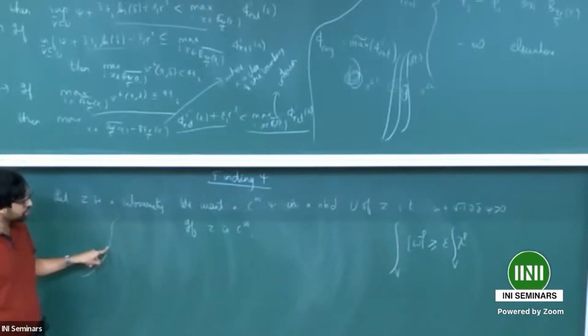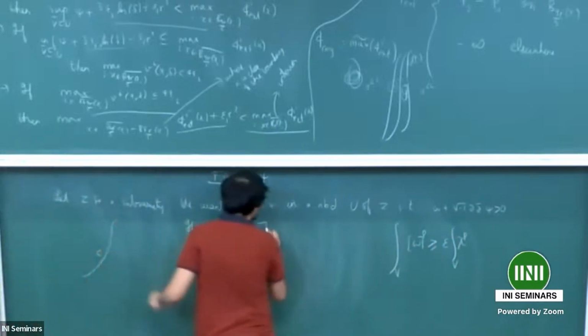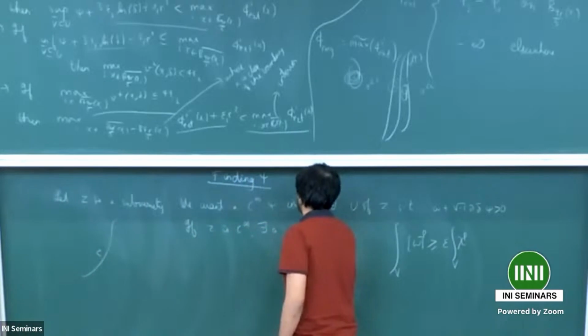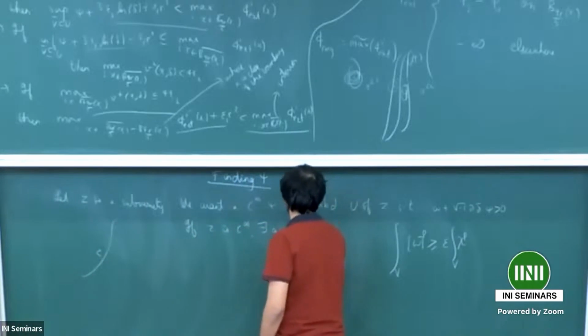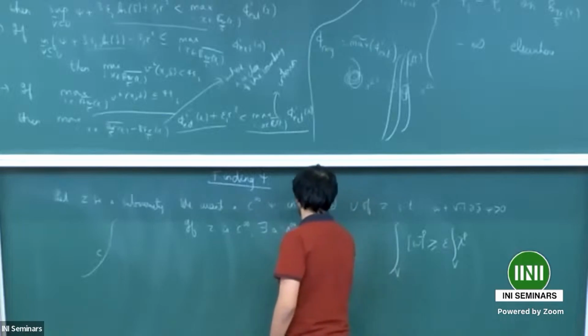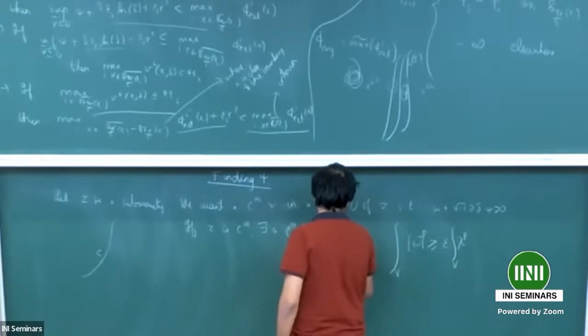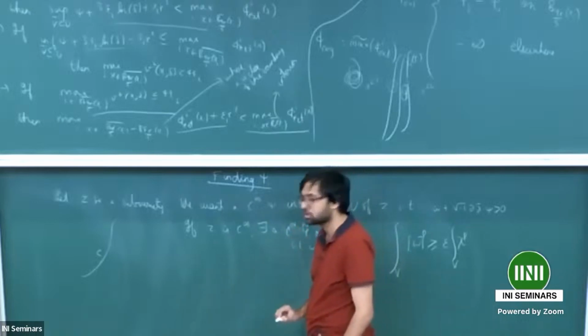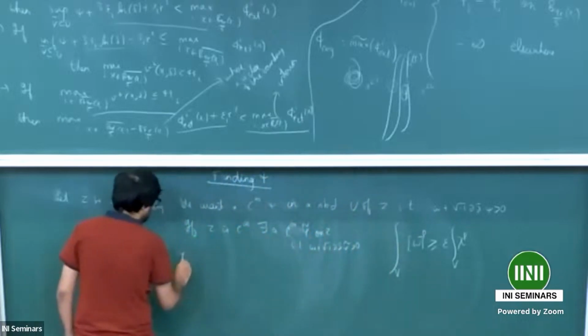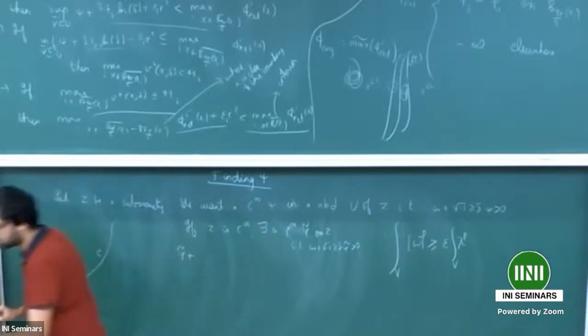So by the induction hypothesis, there exists a smooth C tilde on Z such that this is positive by the induction hypothesis. Then what do you do? You simply take this plus, what am I calling this? A.